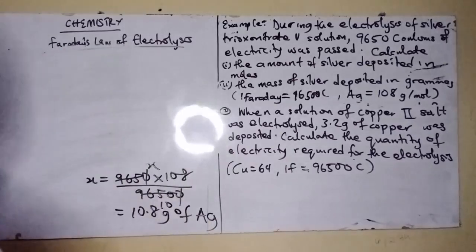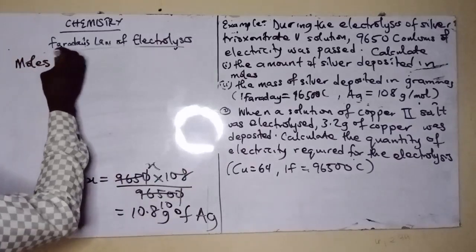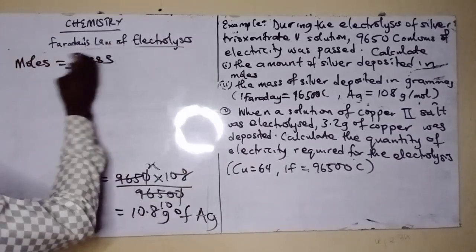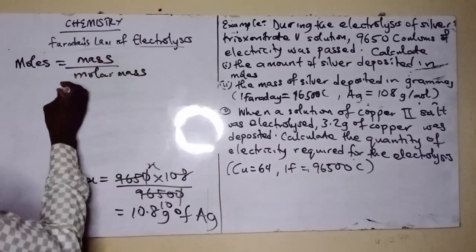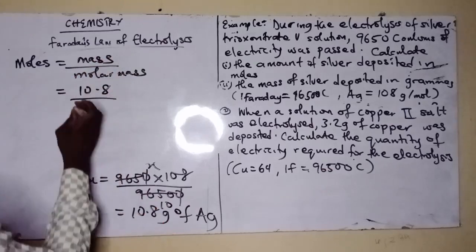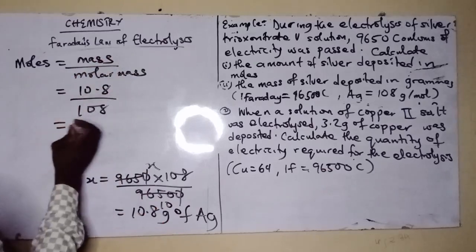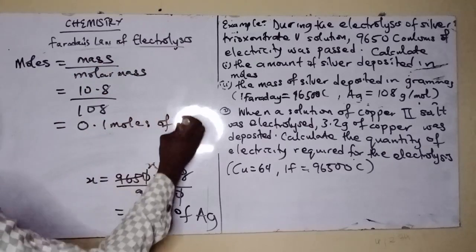You know that moles is equal to mass over molar mass. The mass of silver deposited is 10.8 and the molar mass is 108. Therefore the number of moles there is 0.1 moles of silver.